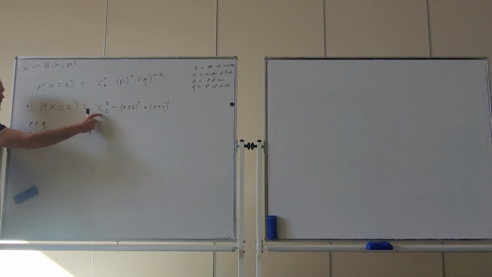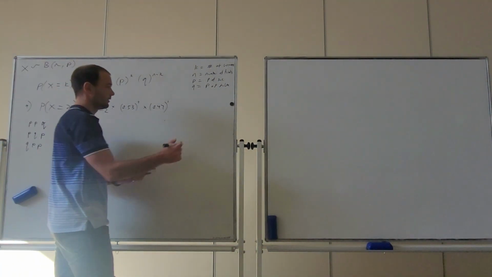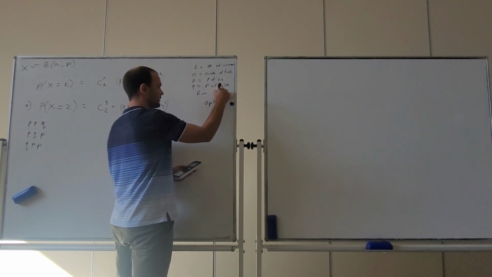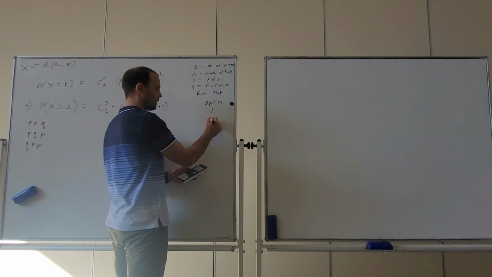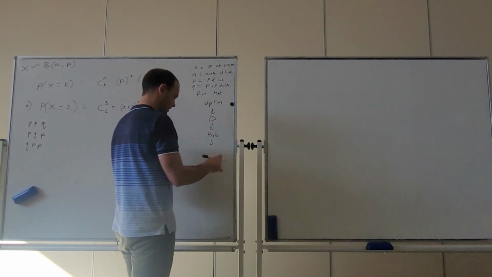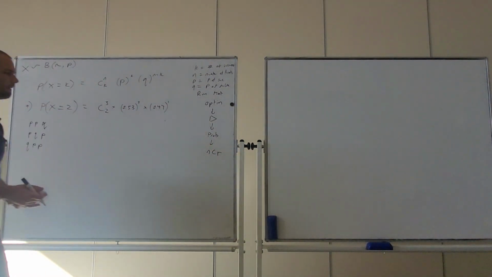So how do we bring that up in our calculator? Option. So you're in Run-Matrix, your main screen. We go option, we press the across arrow, we press PROB, and then we've got nCr. We put it in that order.